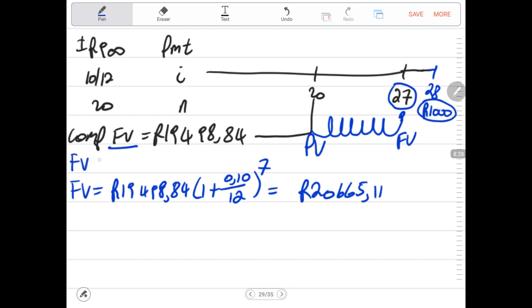So this is the future value of this amount at the end of month 27. This is what we calculated.